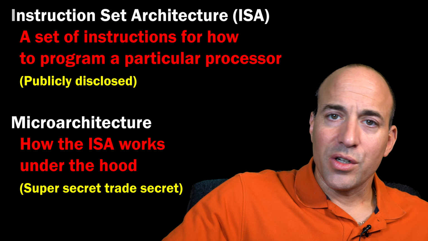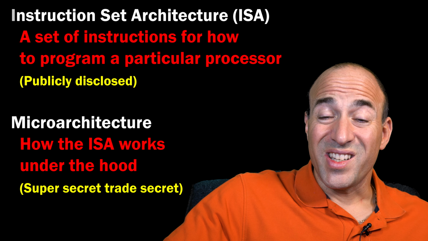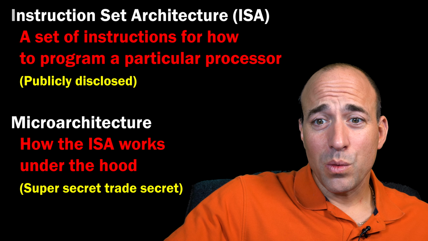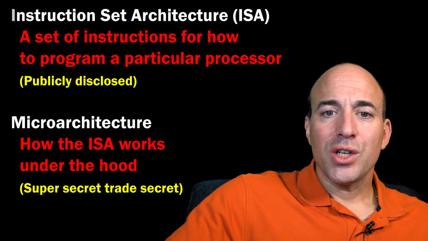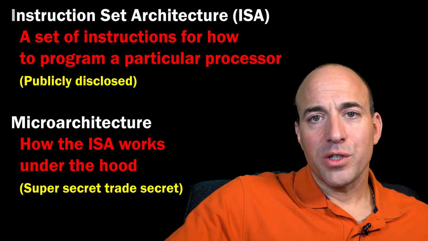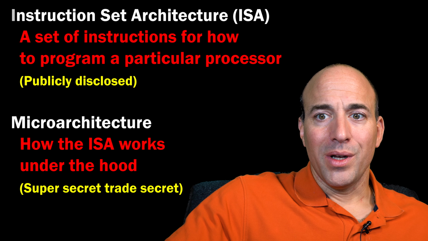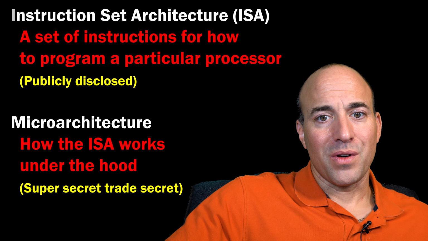Instruction set architecture, as I mentioned, includes the assembly language, which is the textual form, and the machine language, which is the binary form. Each instruction set architecture has its own specific assembly language. There's a huge number of instruction set architectures.